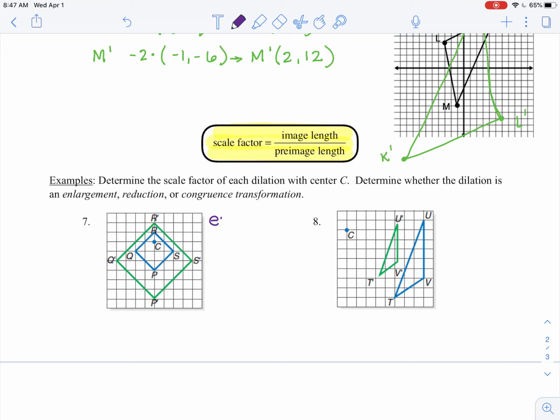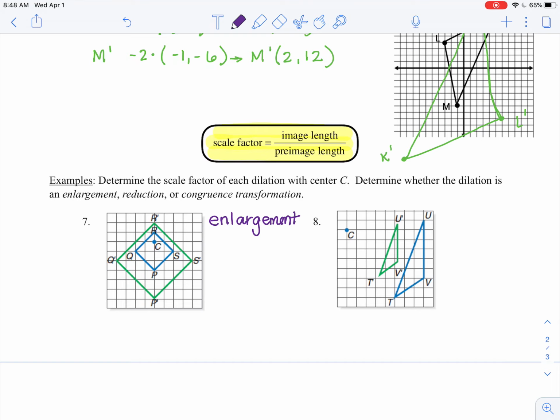So this is definitely going to be an enlargement. The image, P prime, Q prime, R prime, S prime, is definitely bigger than the pre-image. The next thing we have to figure out is by how much.